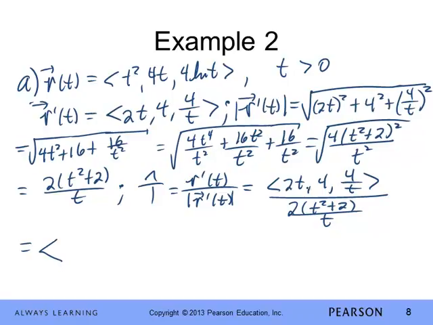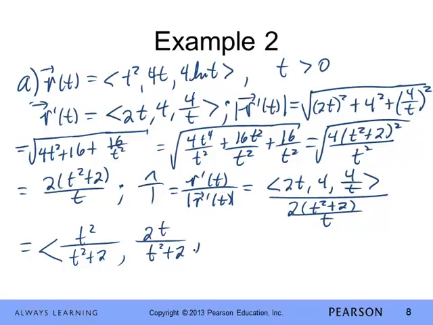Now, we have 2t over 2 times t squared plus 2 over t. The 2's will cancel for that one, leaving you with t squared over t squared plus 2, comma. And the next one, we'll also have factors of 2 canceling, leaving you with 2t over t squared plus 2, comma.